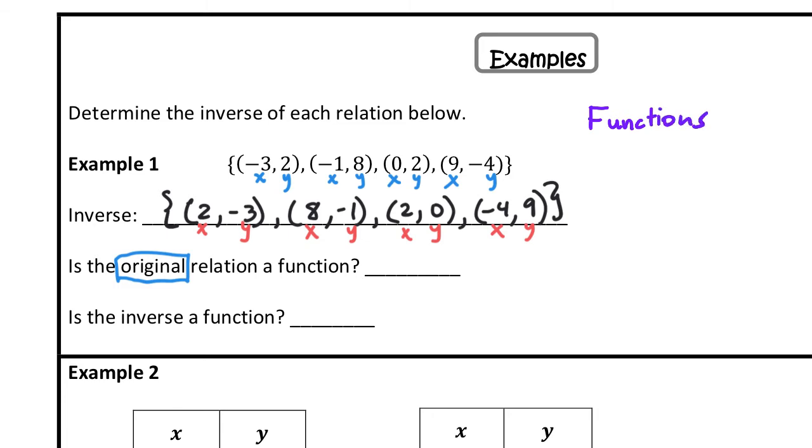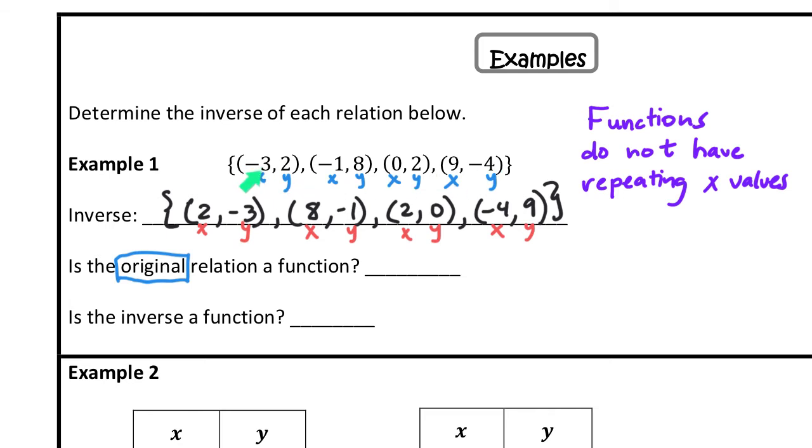Functions do not have repeating x values. Okay, so functions do not have repeating x values. So let's look at the original points.